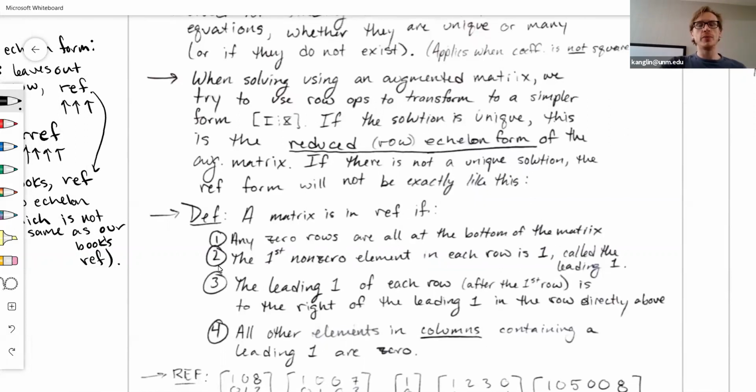That's one requirement. Second, the first non-zero element in each row is a 1. We call that a leading one. We discussed that a little bit already in the previous video. Requirement 3, the leading one of each row after the first row is to the right of the leading one in the row directly above.